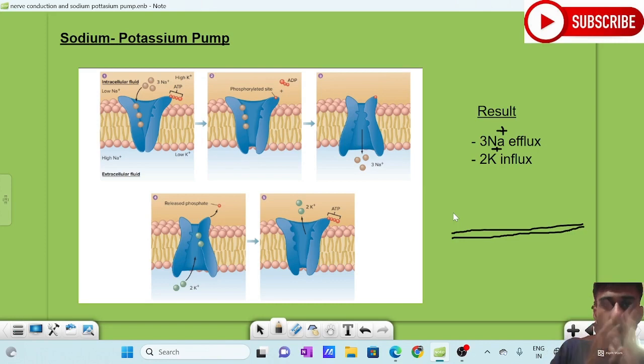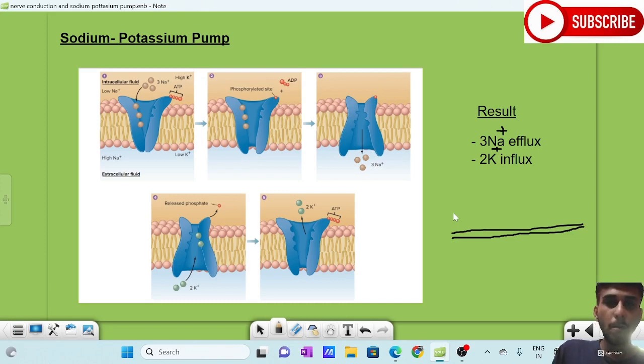Just a general approximate value. So now you understand: sodium is in high concentration extracellularly and low concentration intracellularly, but potassium is high inside.